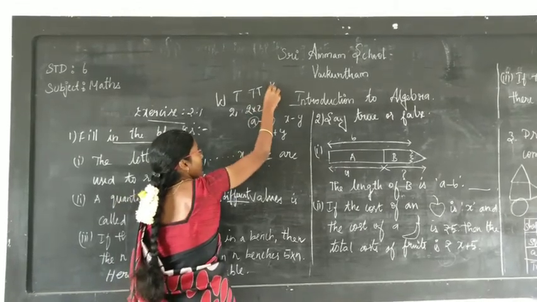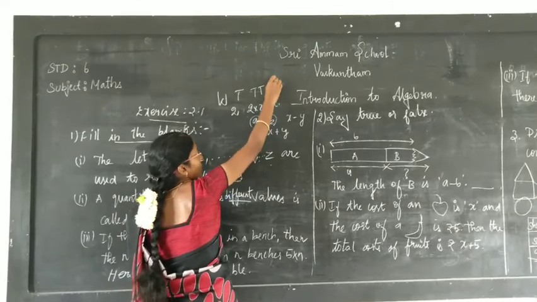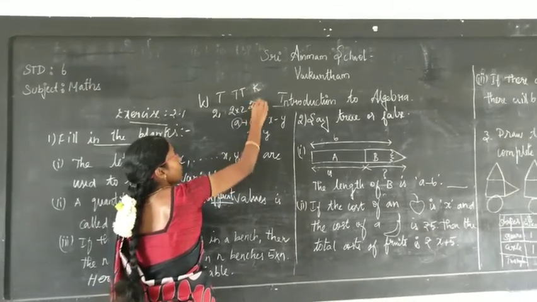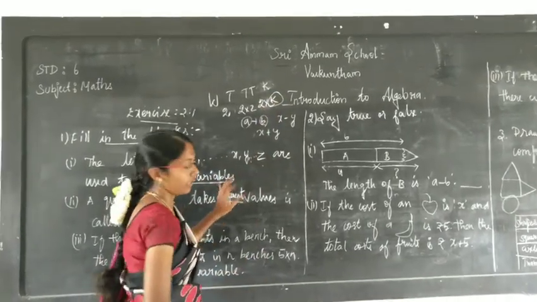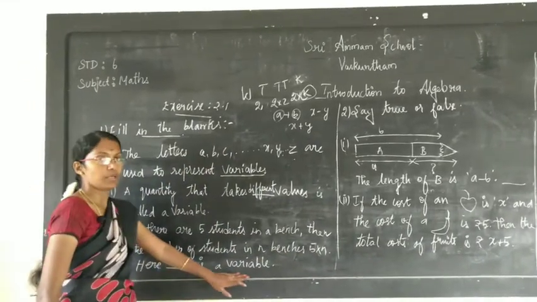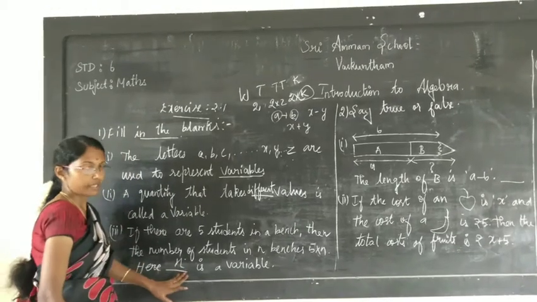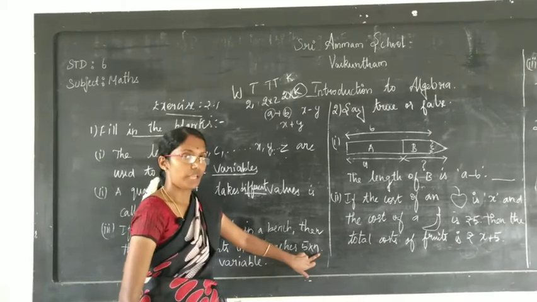Likewise, if you need K T, how many sticks do you need? 2 into K. Here K is a variable. Likewise, here n is a variable.